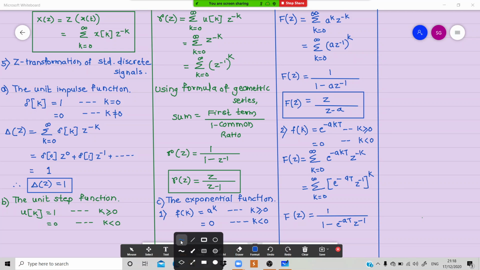If you want to simplify this, you are going to have f of z is equal to z upon z minus e raised to minus a t.